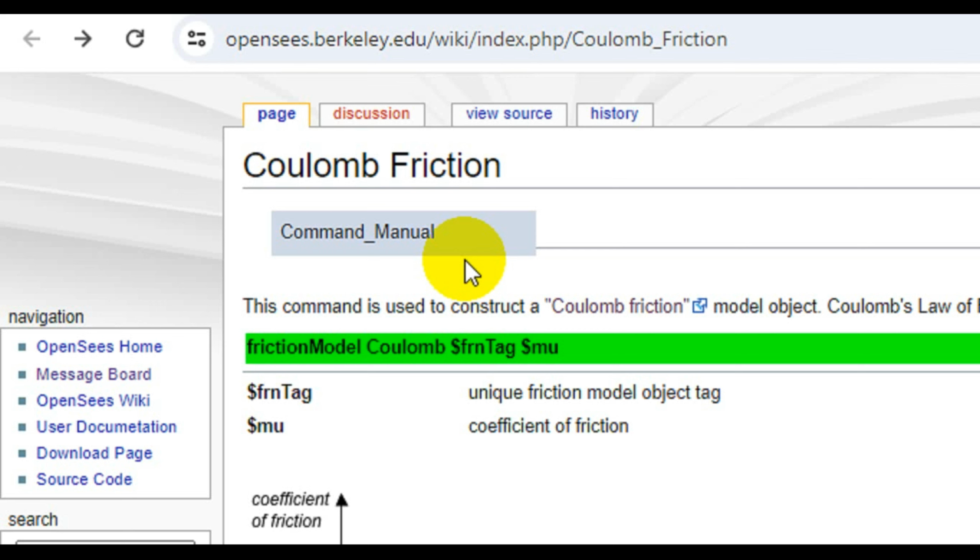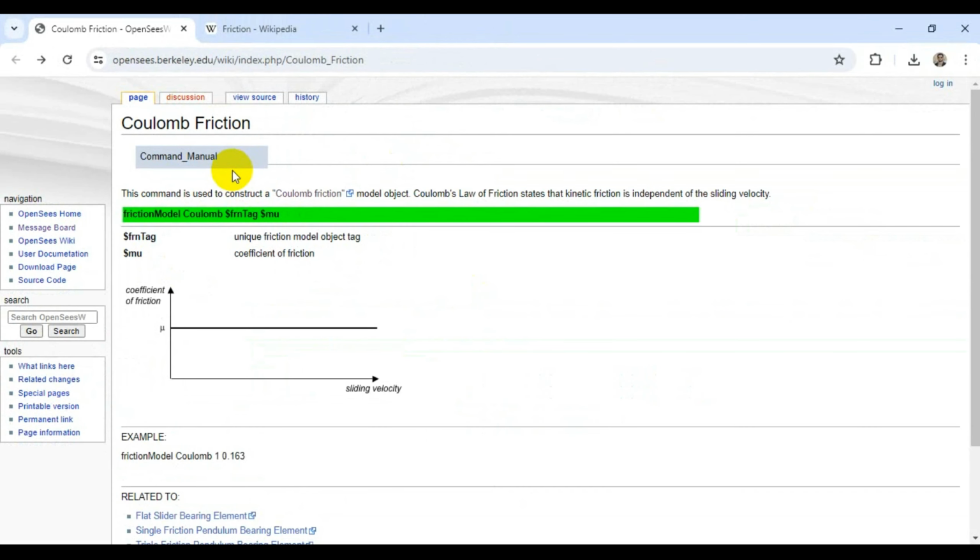If you are using OpenSees, the syntax of the command is given here: frictionModel Coulomb, then $frictionTag, then $mu. The friction tag is a unique friction model object tag, and mu is the coefficient of friction.